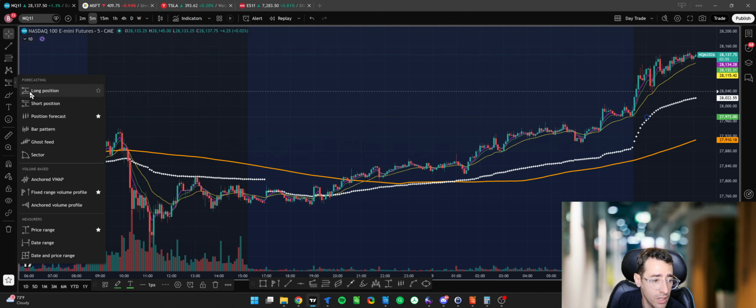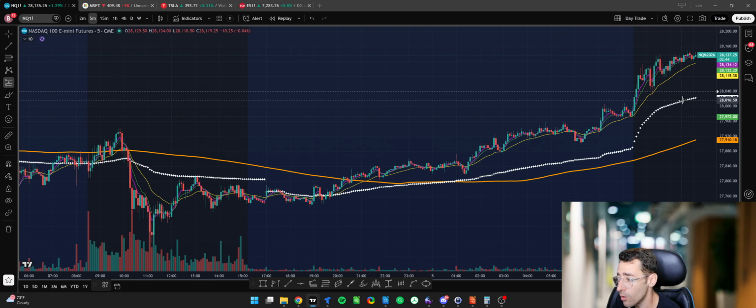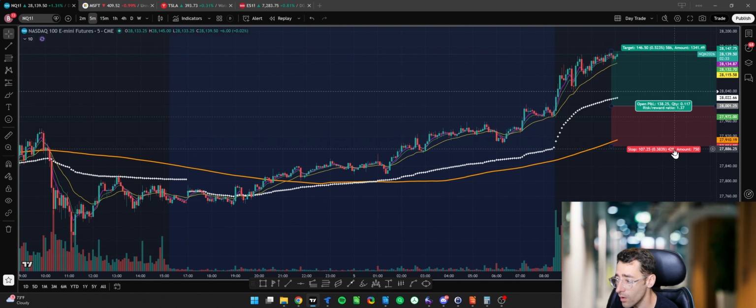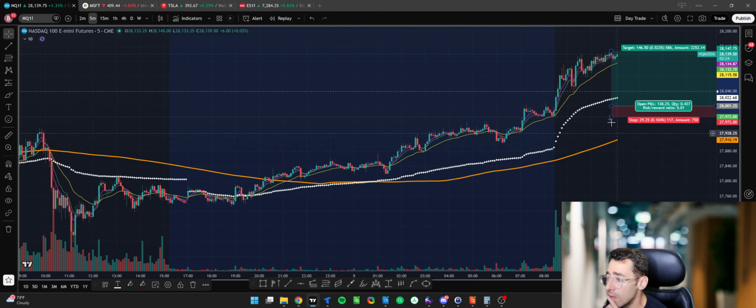Forecasting is going to tell you your RR, risk to reward. You have long position and short position. We want to go long at 28,000, so we click here, then set our profit target at high of day, and then set our max loss.